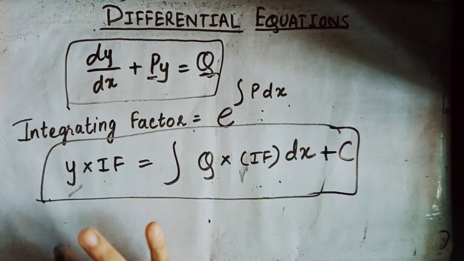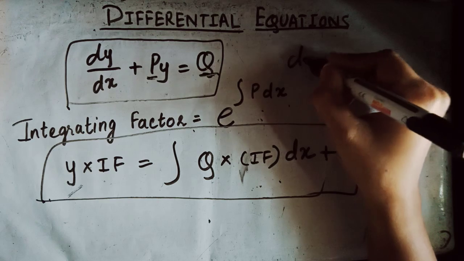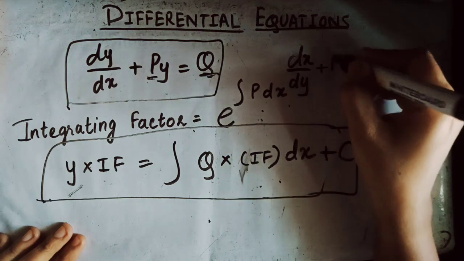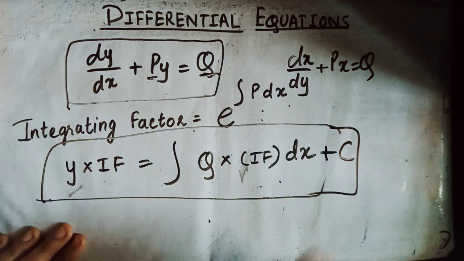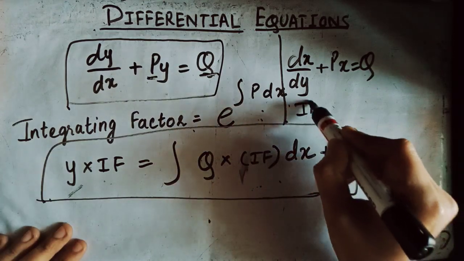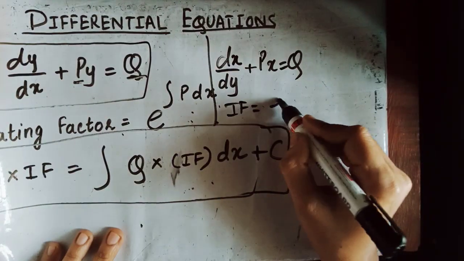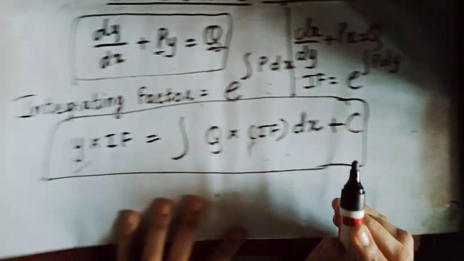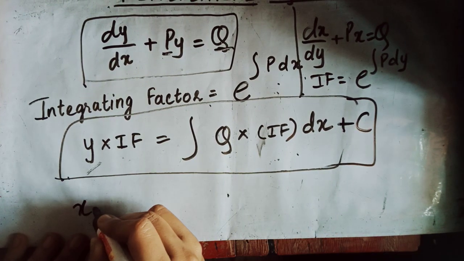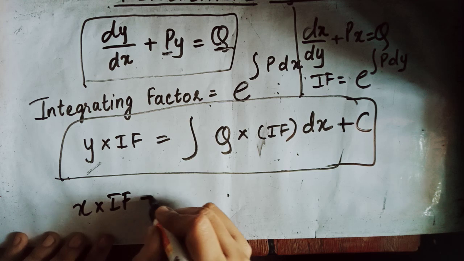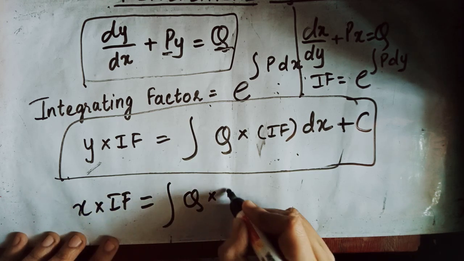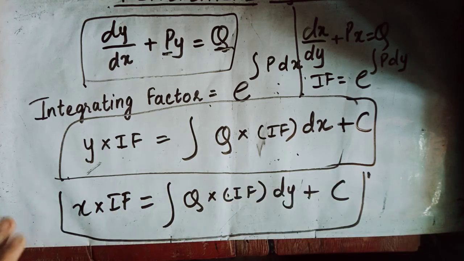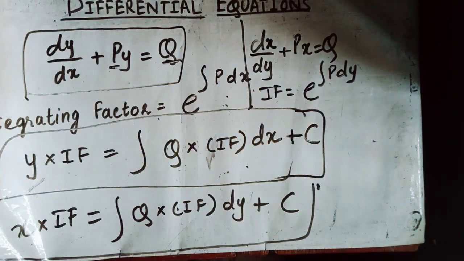If it is in the form dx by dy plus px equal to q, then your integrating factor becomes e raised to integral p dy, and your new equation will be x into integrating factor equal to integral of q into integrating factor dy plus c. So accordingly you have to make the changes.